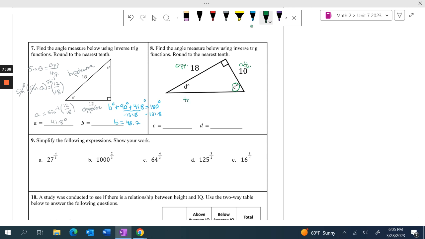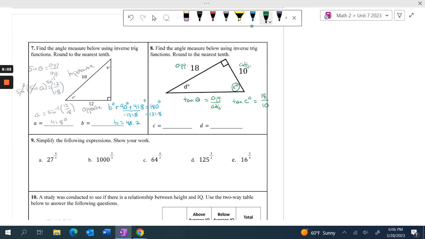So by definition, tangent of the theta angle is equal to the opposite side over the adjacent side. From my diagram, theta is the C angle, the opposite side is 18, and the adjacent side is 10.